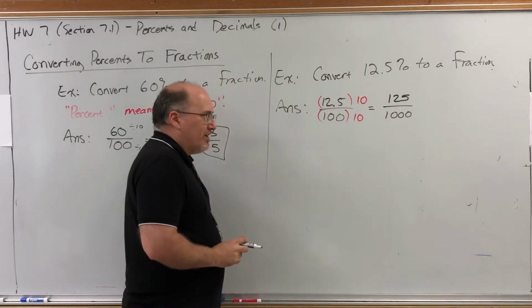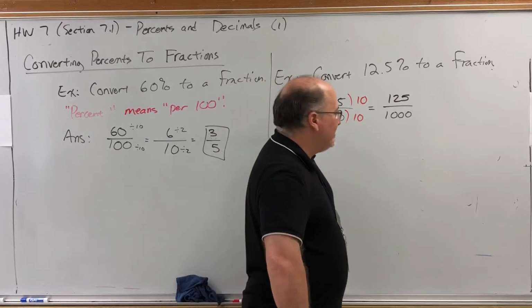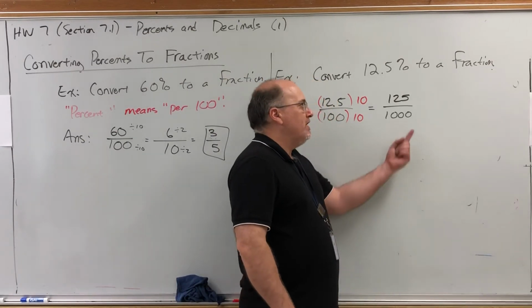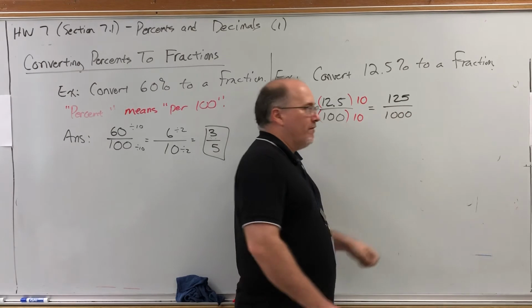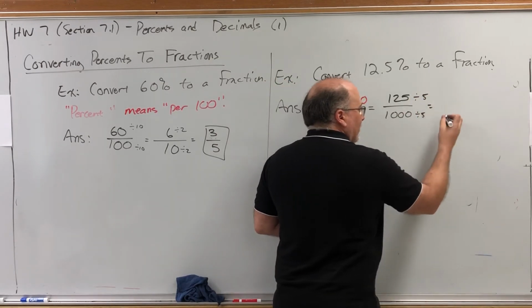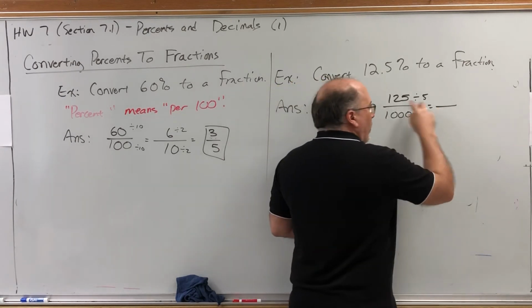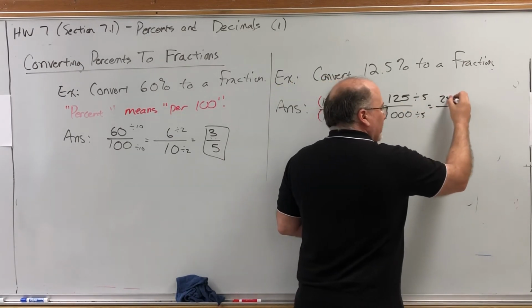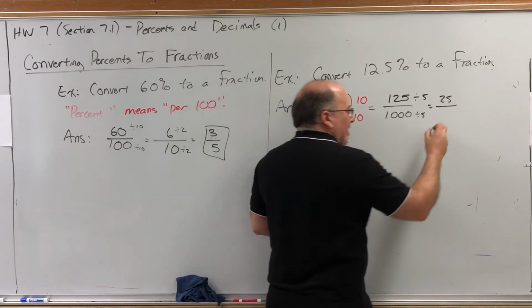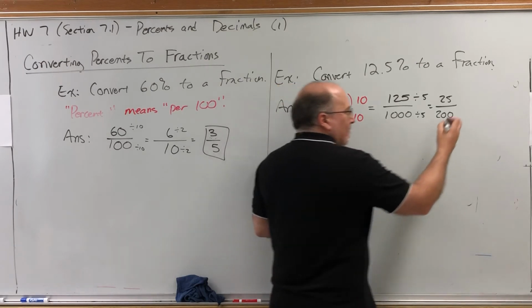That fraction looks like it can reduce. Both sides can be divided by 5. It's easy to know when you're divisible by 5 if your last digit is 0 or 5. So if we divide both sides by 5 in an effort to reduce the fraction, you can use a calculator for this. 125 divided by 5 is 25. 1,000 divided by 5 is 200. And again, this will reduce by 5.